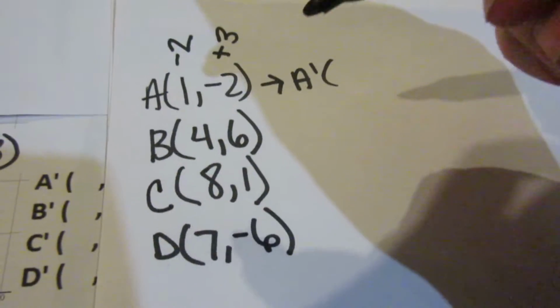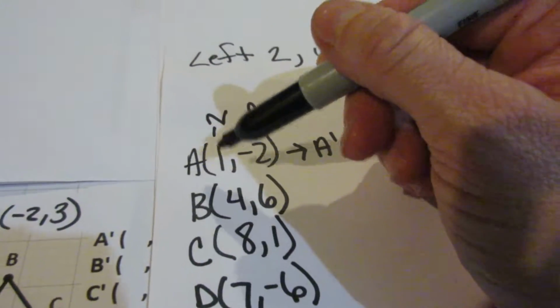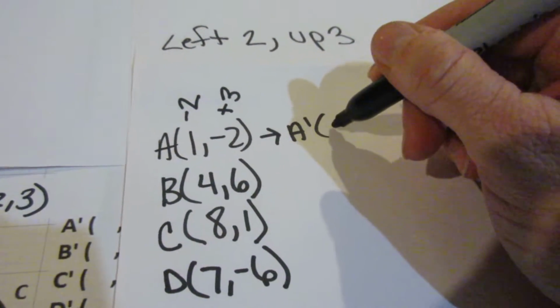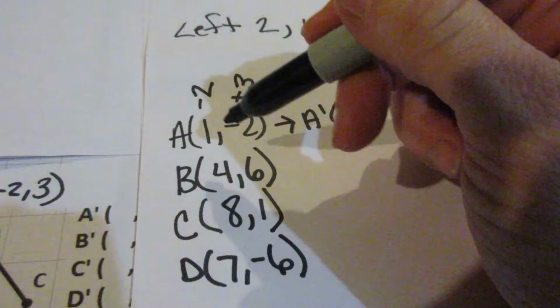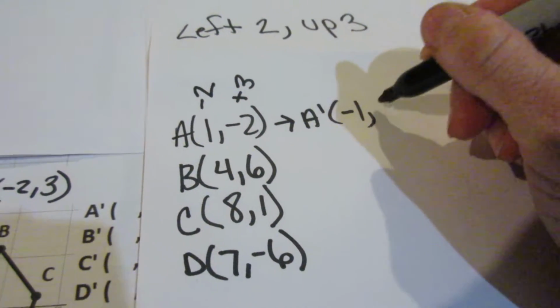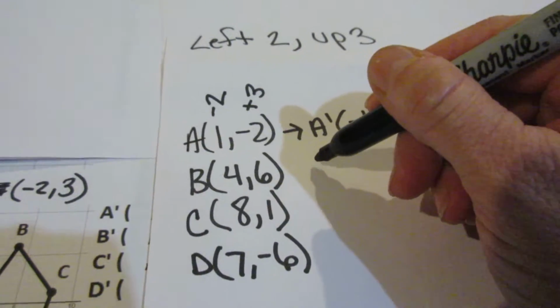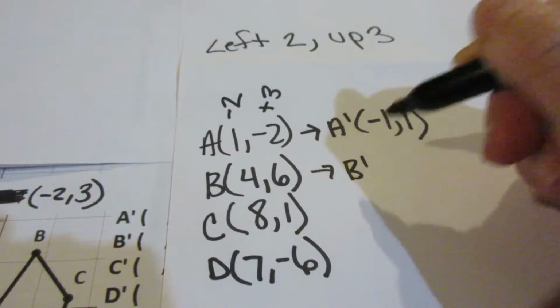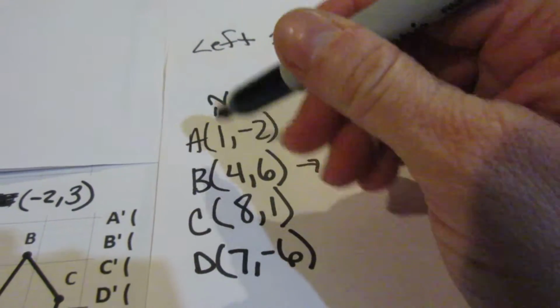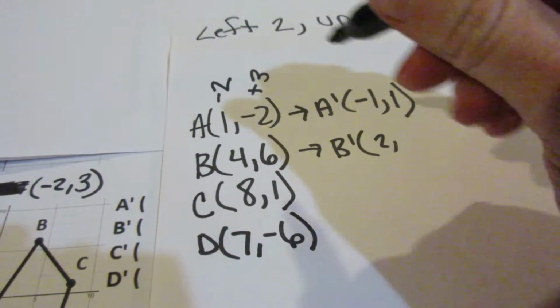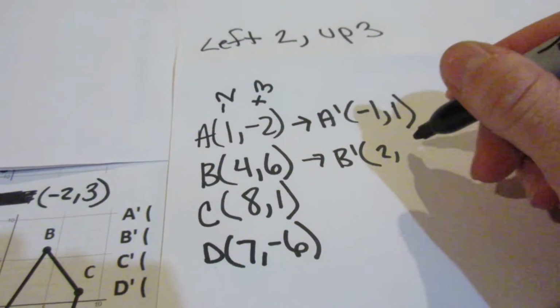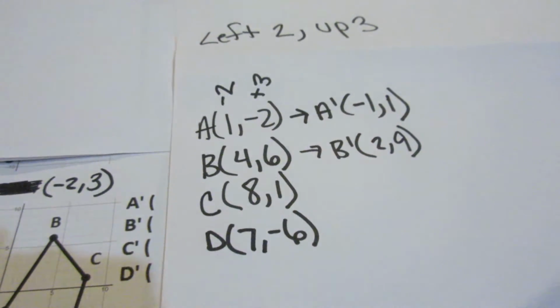Okay, so turning A to A prime, 1 minus 2 is -1, and -2 plus 3 is 1. For point B prime, 4 minus 2 is 2, and 6 plus 3 is 9.